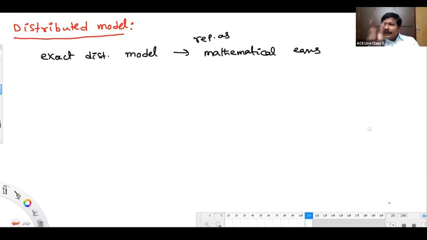Each 1 kilometer you keep in a lumped model, and connect all these 200 lumped models in cascade. So that will give an approximate distributed model representation of the line.